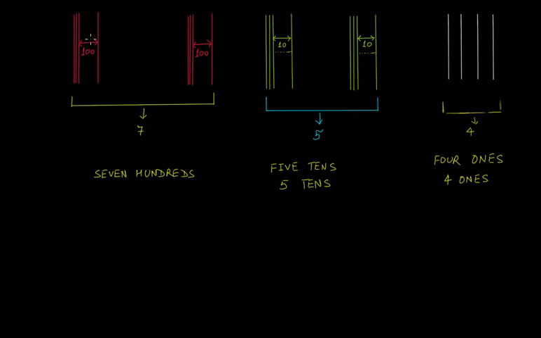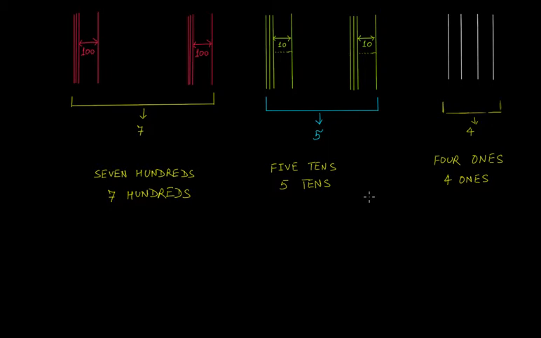One bundle of 100 line segments. So this is 7 hundreds.